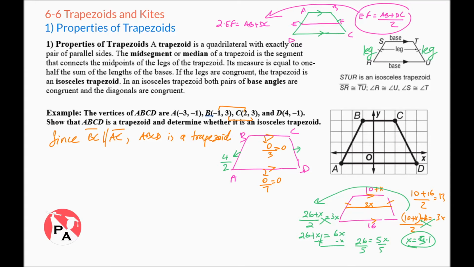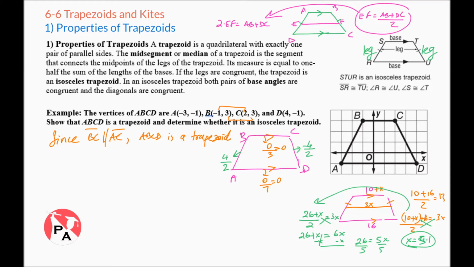Now let's find the slope of CD, the last 2 points. The difference between the y coordinates, -1 minus 3, is -4. And subtract the x values. 4 minus 2 is positive 2. Now look at the slopes. This one is positive, this is negative. They cannot be equal to each other.